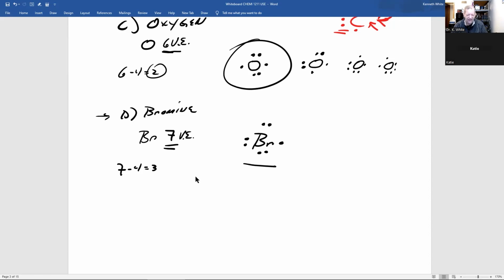Now, if you look at having 7 valence electrons, 3 sides have 2 electrons and 1 side has 1. So I could just as easily have done this.